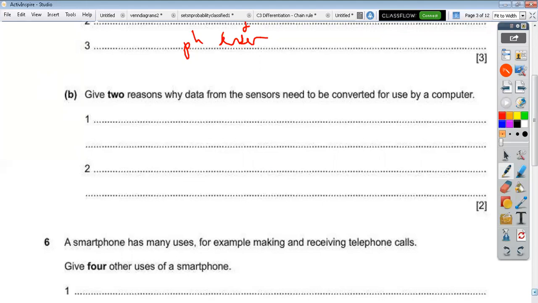We talked about it during the topic on sensors. Someone? Why does data from the sensors need to be converted? What do you think? Why do you need to convert the data? Danat, why do we need to convert the data?